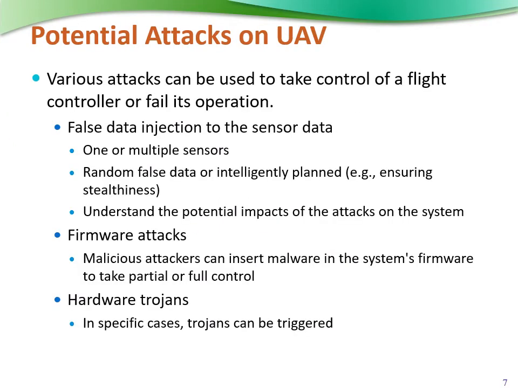Here we list the various types of attacks on UAVs. The first kind is false data injection into the sensor data, like any other sensor data-based closed-loop control. An attacker can change one or multiple measurements, and it can be random or intelligently planned.